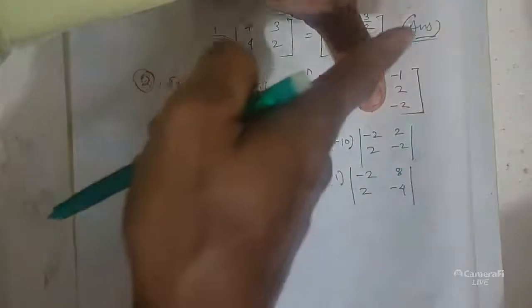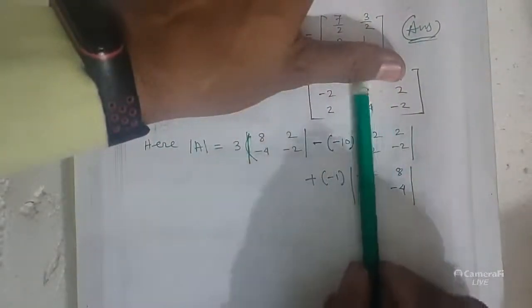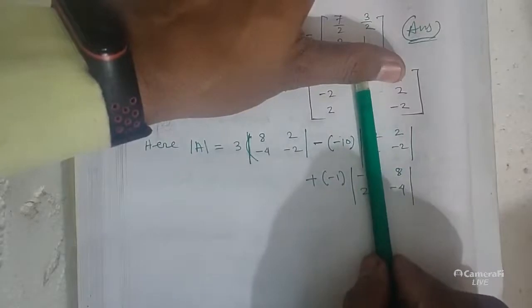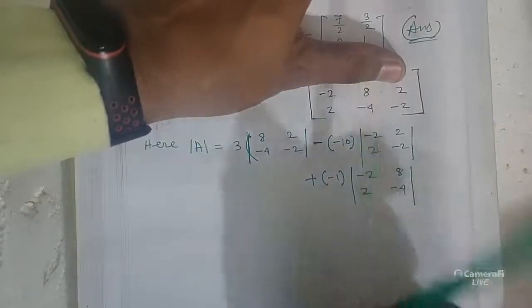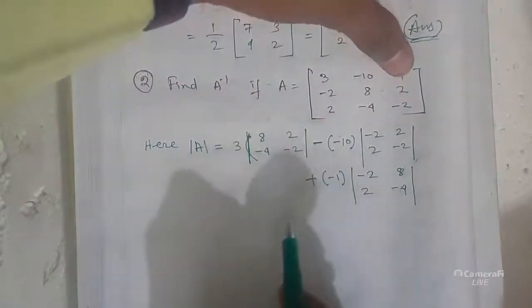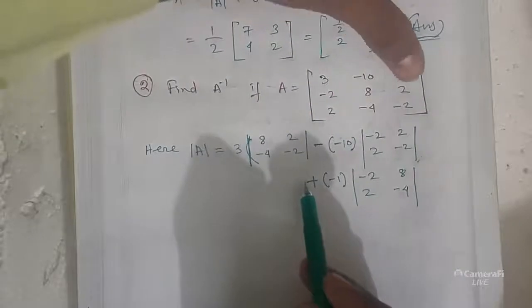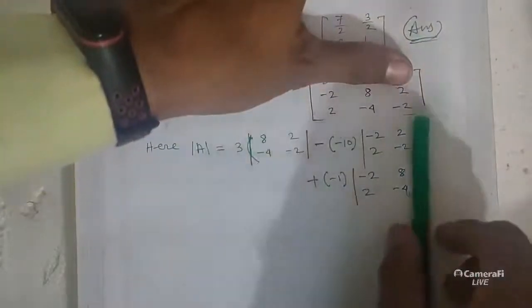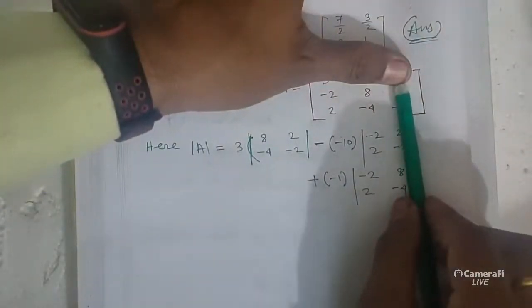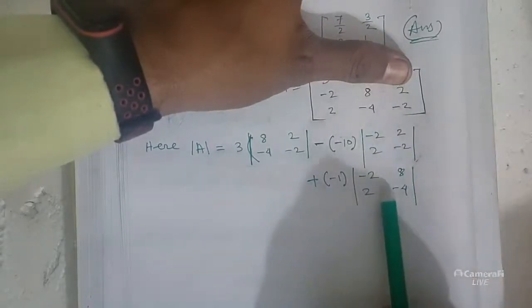Then second column, first row off, what is left? Minus 2 2 2 minus 2, that I have written here. Taking this element minus 1, the sign of minus 1 is positive, so positive taken. First row, third column off, what is left? Minus 2 8 2 minus 4, that I have written here.